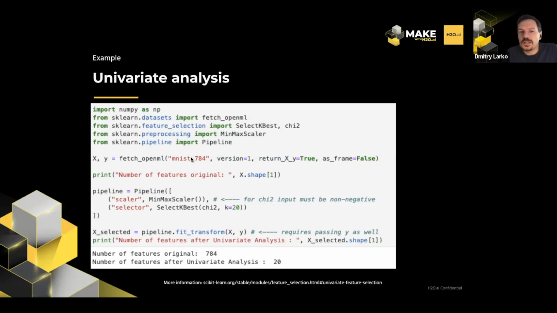I know for sure that MNIST data varies from 0 to 255, but to make this example complete, I decided to scale it as well, which is not necessary for this particular data set. And what I do is select the k best features out of the data set based on the relation to the target, based on the chi-squared statistics. That's it.